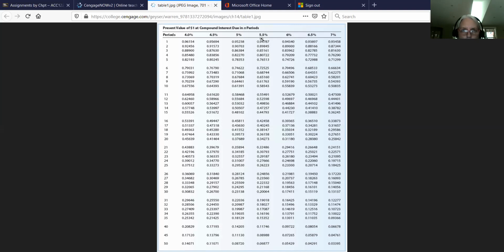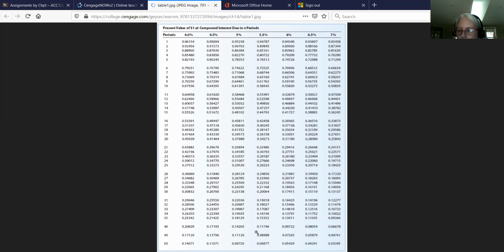The annual rate of interest, market rate of interest, was 11%. Divide it by 2, that will give you 5.5%. We're going to go down 40 periods and across to 5.5. Do you see that the table value amount is 0.11746?